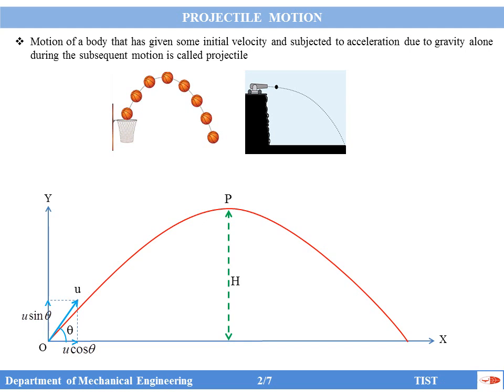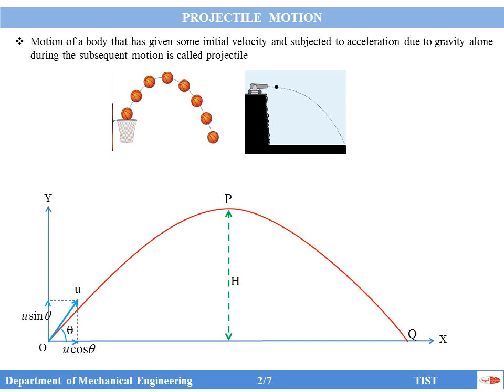So that maximum y distance is called the height of the projectile motion. The projectile starting from O will reach a maximum peak point at P, and will hit the ground, or hit the same horizontal level as O, at the point Q, right? You can see at the point Q it hit the same horizontal level as O, the origin.